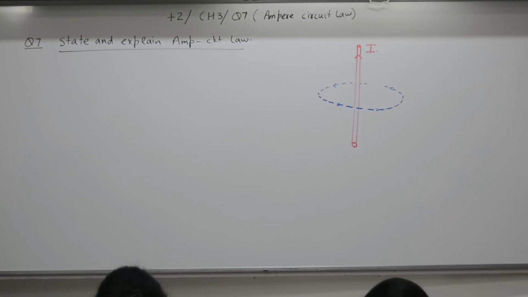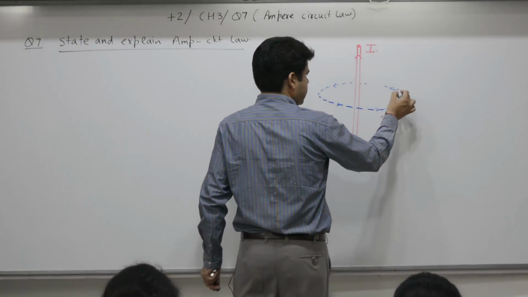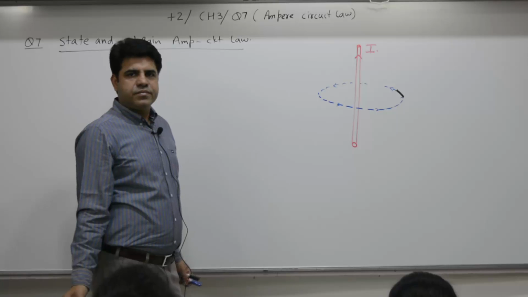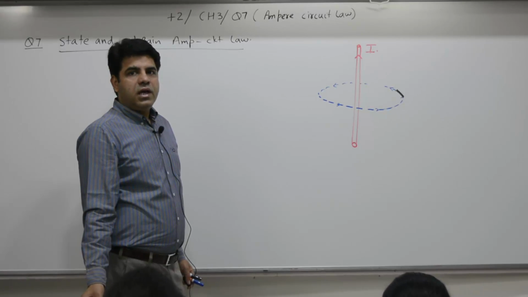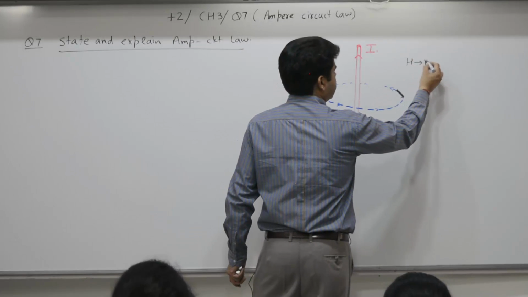The law is total MMF. But before we take up total MMF, can we try MMF in this small part? Only this part. H represents what? MMF per unit length. Agreed?